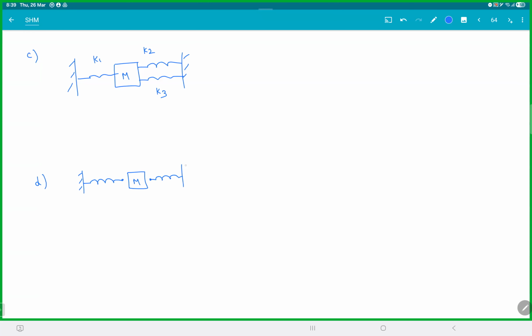The springs are not connected to the block. They're touching the block, but they're not attached.